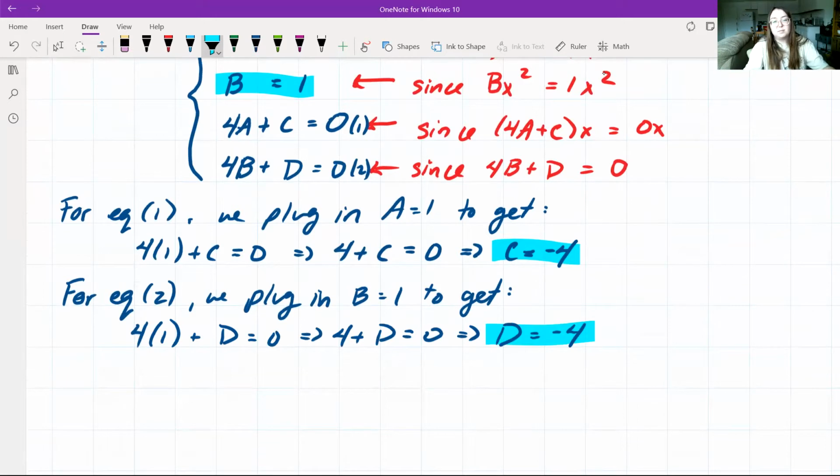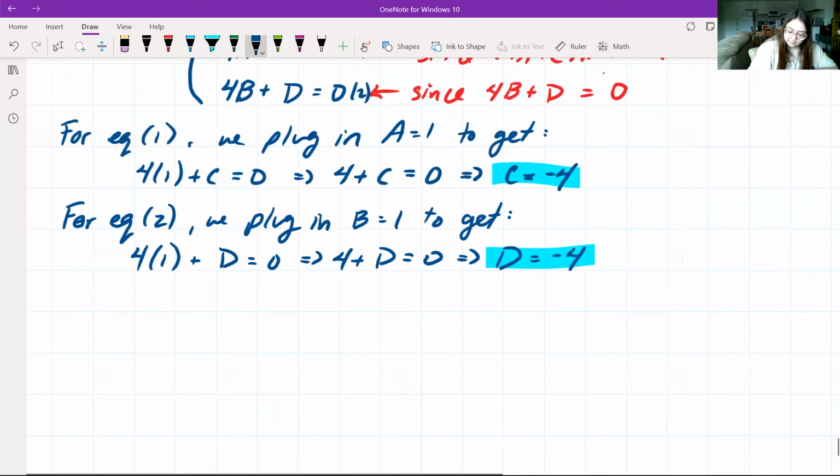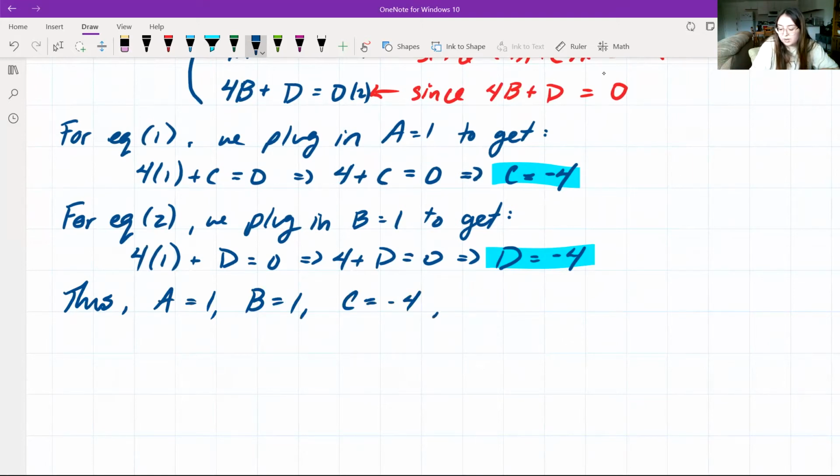And thus, we found all of our values for A, B, C, and D. So we say thus, A is equal to 1, B is equal to 1, C is equal to -4, and D is equal to -4.